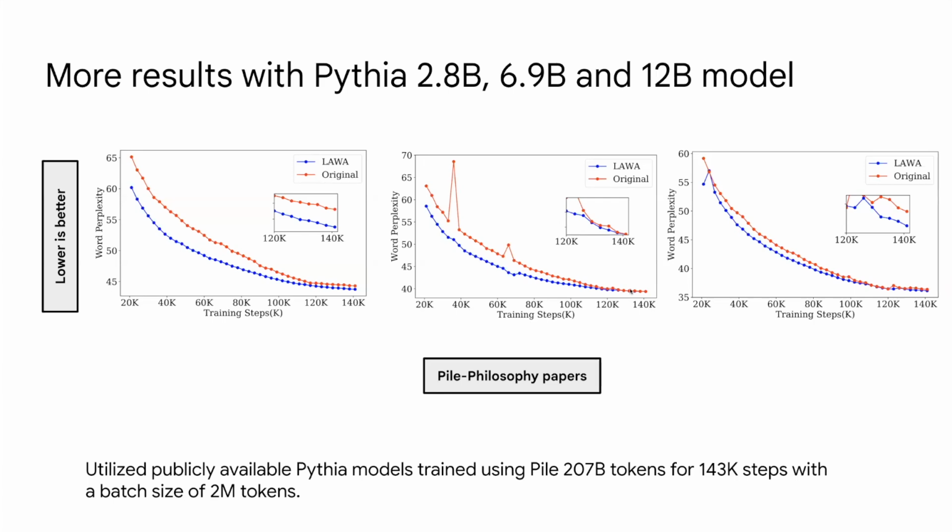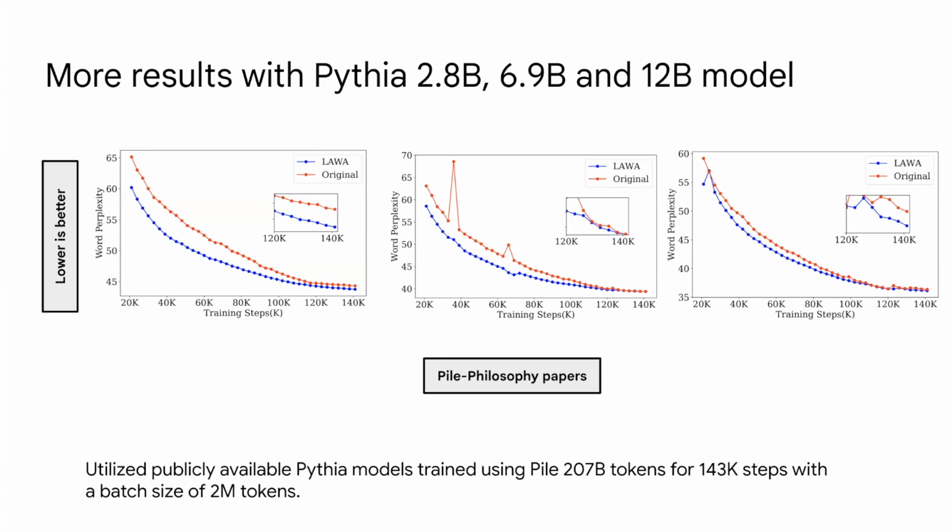As you see in the 6.9b model and the 12b model, towards the very end, the two lines touch. The reason could be that, for training stability, these larger models are trained with reasonably lower learning rates compared to the 1 billion or 2.8 billion models.